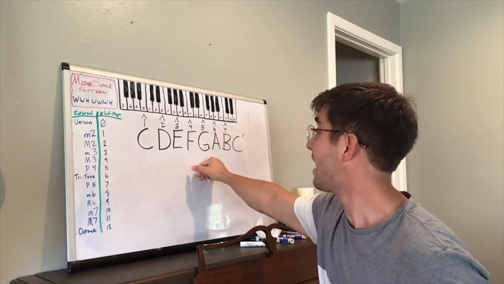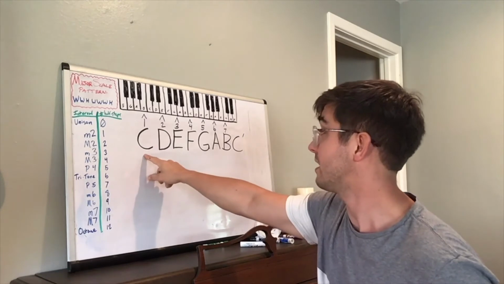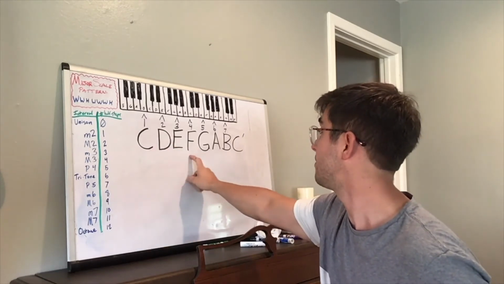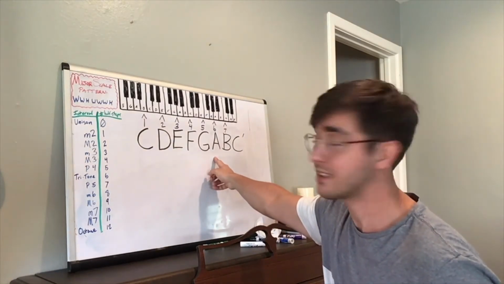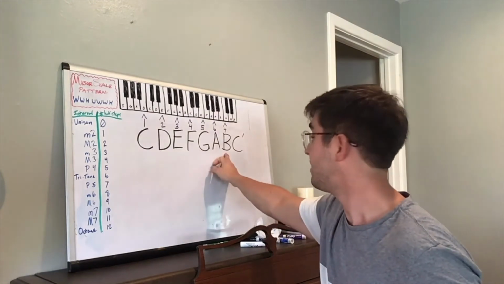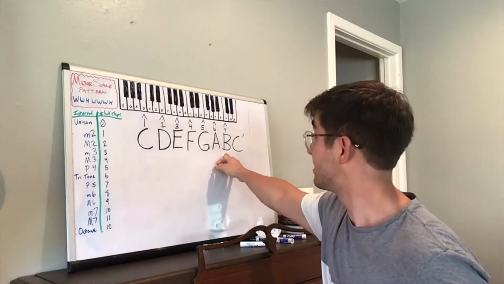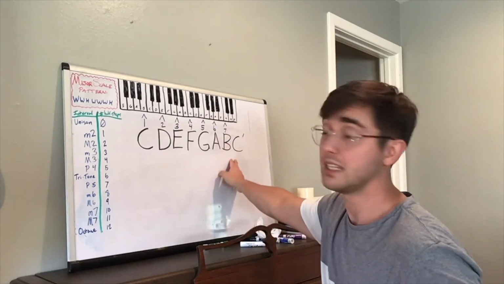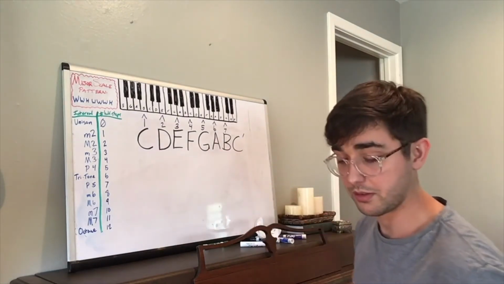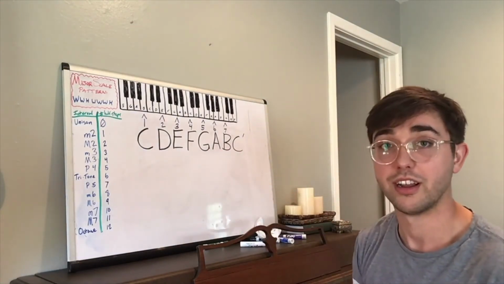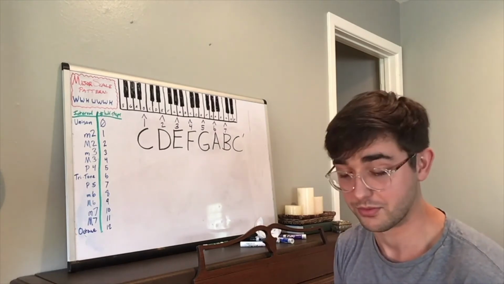C to A, we have to count from C, 1, 2, 3, 4, 5, 6, so that's a sixth. C to B, that is a seventh. And C to C, that's an eighth. Like we said earlier, an eighth is a full octave.